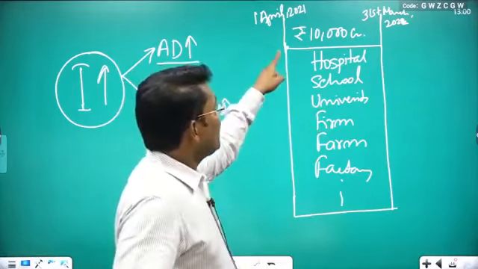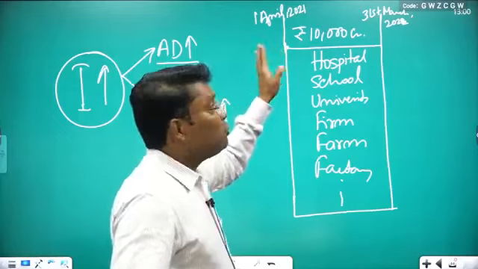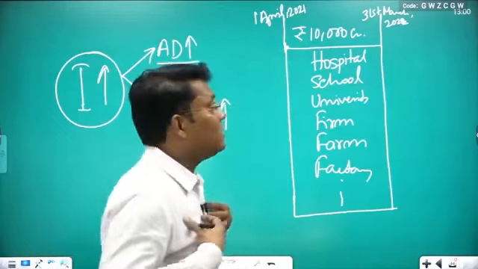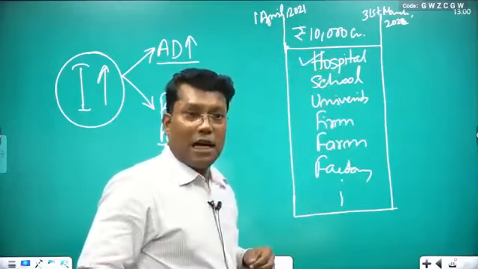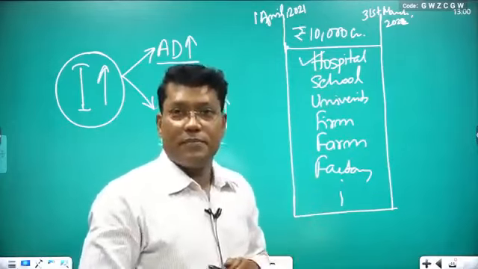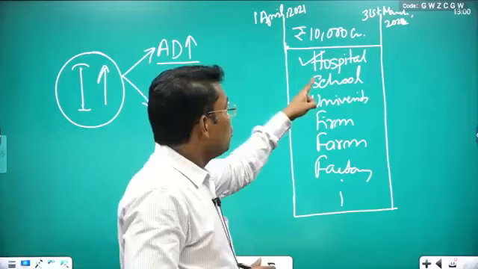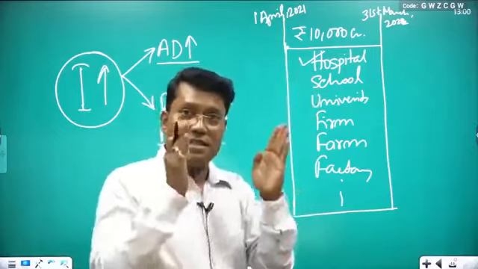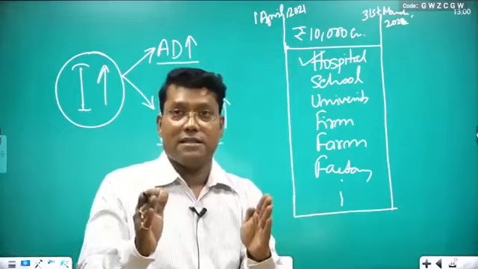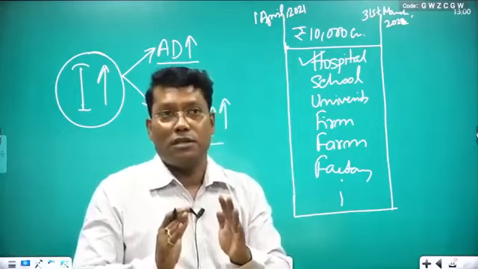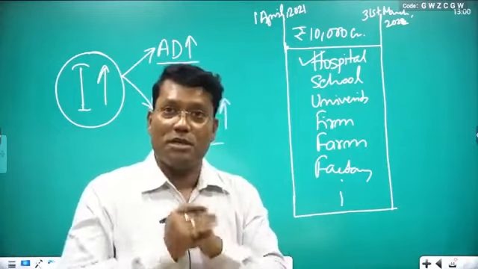So on the 1st April, you started. Suppose I, as an investor, I chose I will go for the hospital. I'm going to build up a new hospital. Clear? So the moment you decided I'm going for investing in a hospital sector, a health sector, and for that I decided to go for a new hospital.